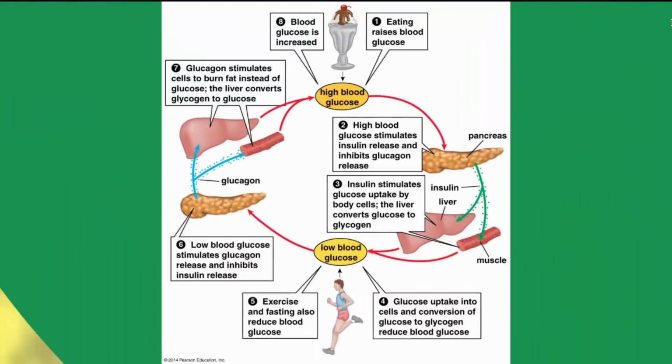Okay, and a real quick example of this is the insulin-glucagon system that responds to the amount of sugar in the blood. If sugar is raised, like right after a meal, then the body produces insulin. Insulin signals the cells to take that glucose out of the blood, bring it into the cells, and use it for energy.